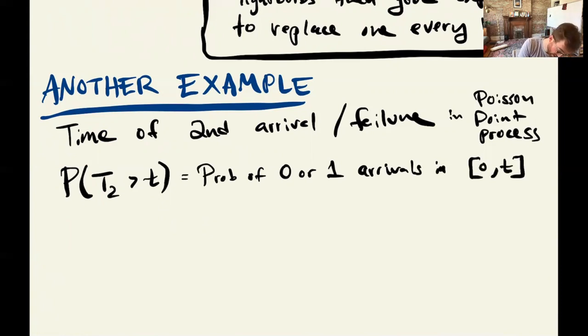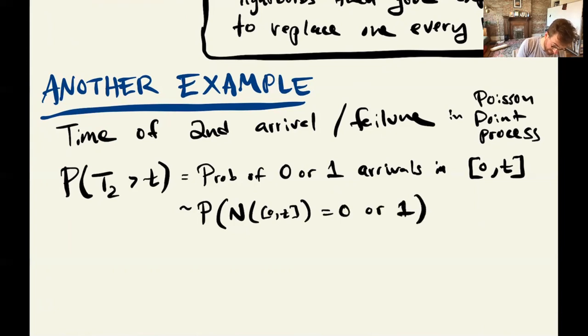And this, in turn, is the same thing as asking, what's the probability that N, which was our counting function associated to this interval 0 to t, equals 0 or 1. And this was in turn a Poisson random variable.